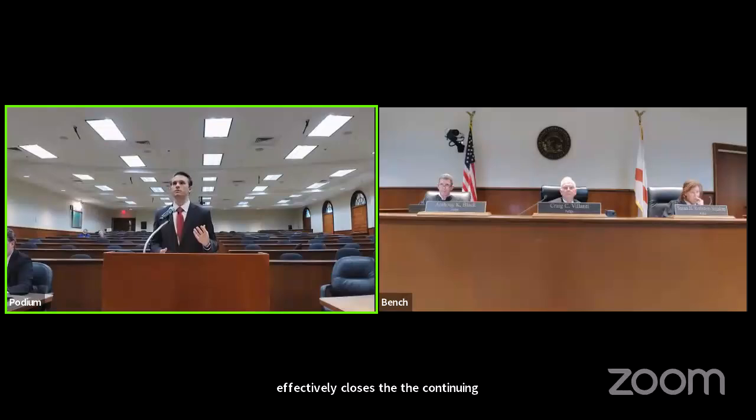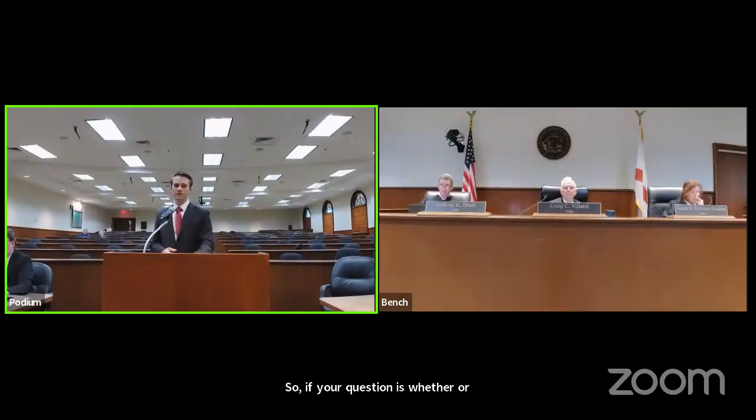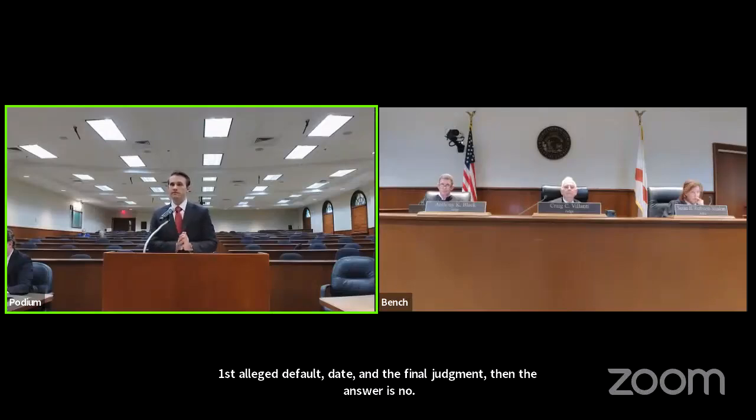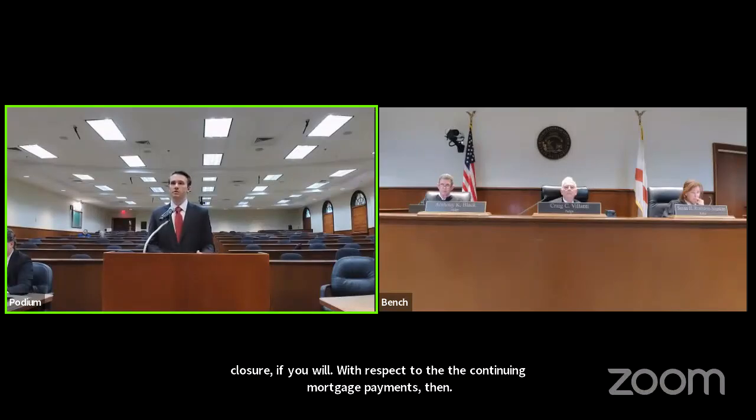So if your question is whether, once that final judgment is set down, we can then collect on the amounts that are owed between the first alleged default date and the final judgment, then the answer is no. But if there isn't a final judgment and there isn't a closure, if you will, with respect to the continuing mortgage payments, then those payments are collectible and those defaults are actionable.